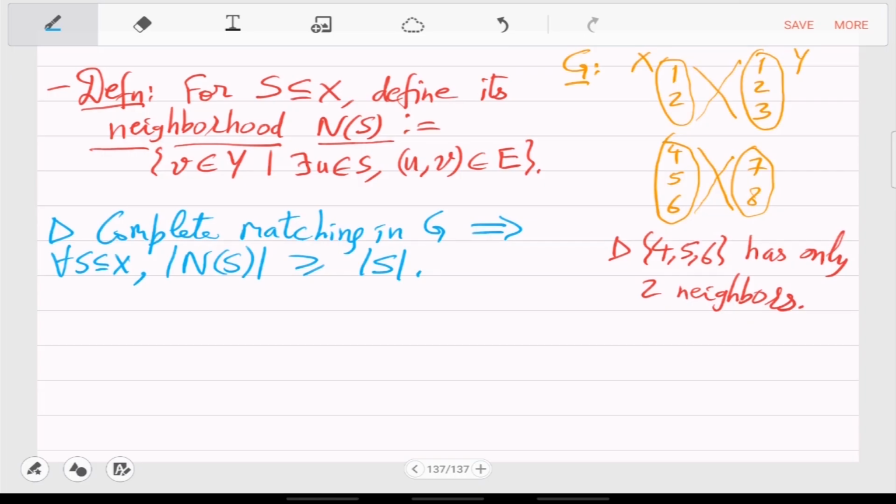So this is called Hall's condition. And Hall proved that actually this is if and only if.